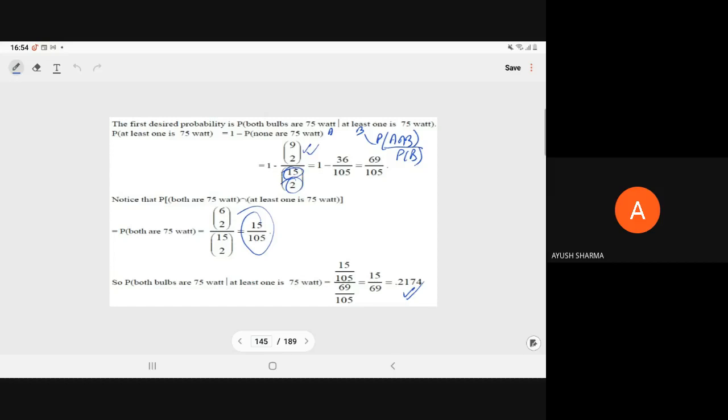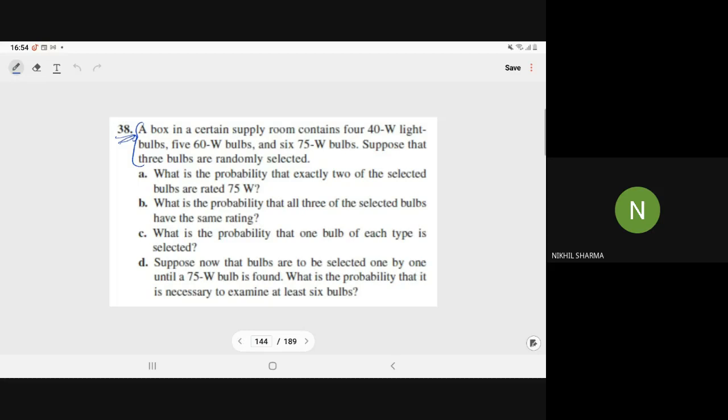Can anyone show the solution of that part? I have only one doubt, when we are selecting with replacement or not. So we are doing it without replacement.